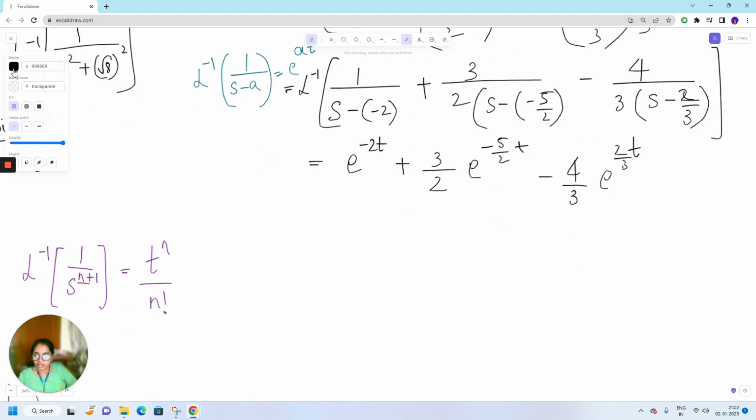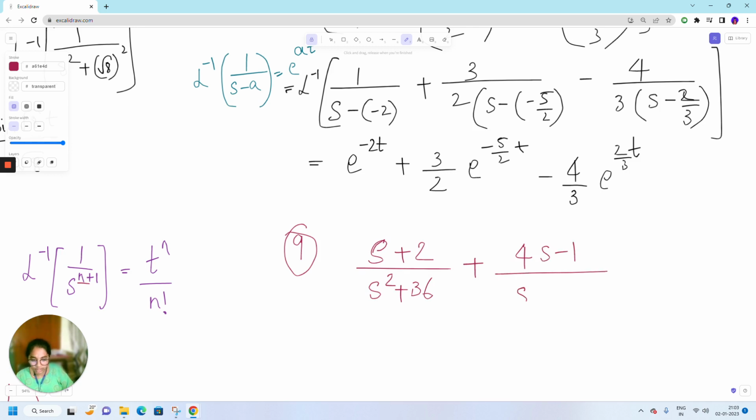Yes, let me solve one more problem, that is the 9th one. They're asking us to find Laplace inverse of s plus 2 divided by s square plus 36 plus 4s minus 1 divided by s square plus 25. What did I tell you?